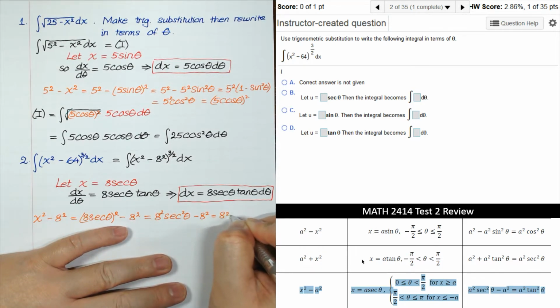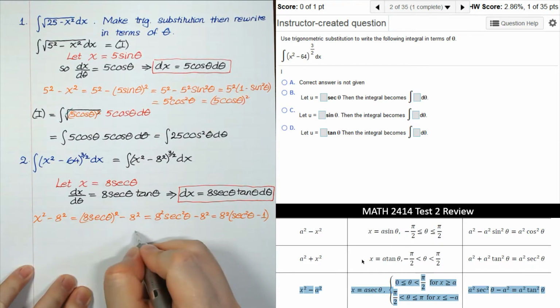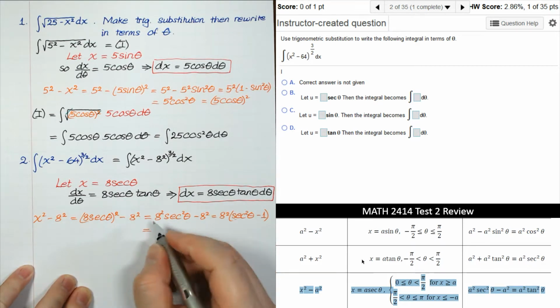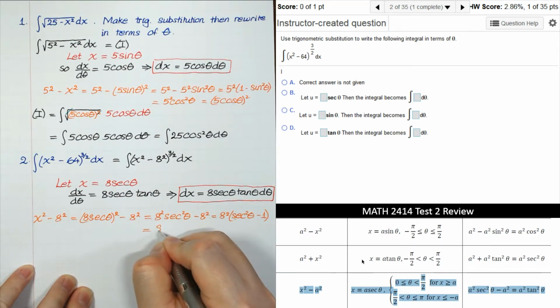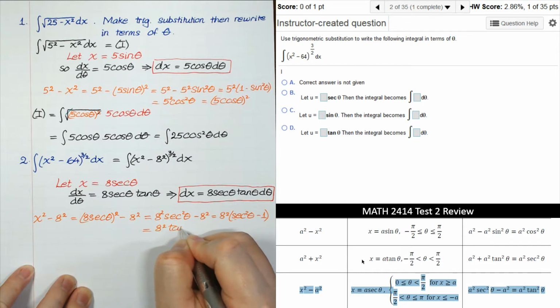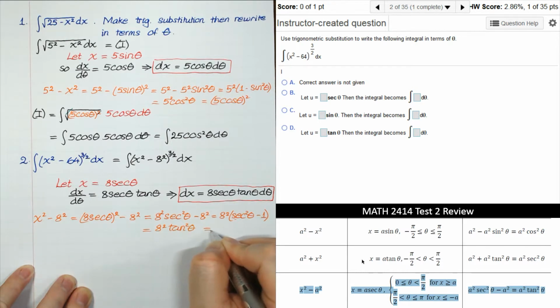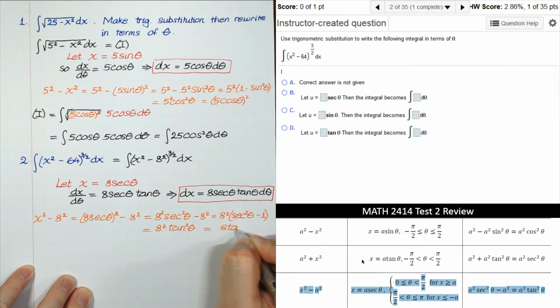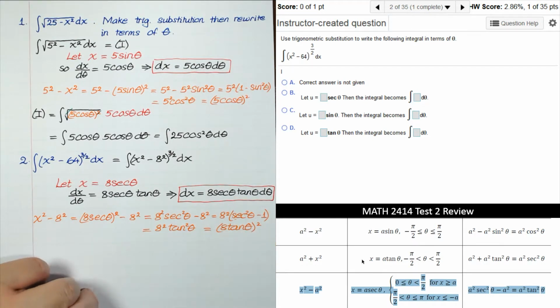Factor out a squared. We have secant squared minus 1. Secant squared minus 1 is tangent squared. So we can put both of them inside a square.